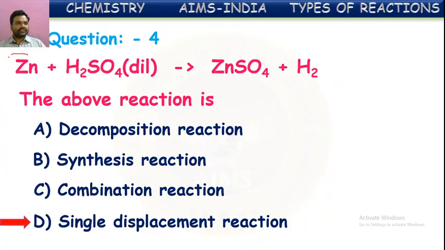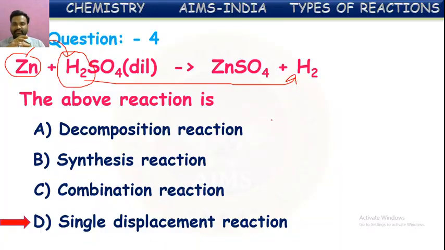Why? Because zinc is combining with sulfuric acid. Here, hydrogen is being replaced by the more reactive element zinc. So zinc sulfate is formed, and hydrogen is emitted in the form of gas. So a more reactive element is displacing the less reactive element hydrogen from its compound, and a new compound is formed.